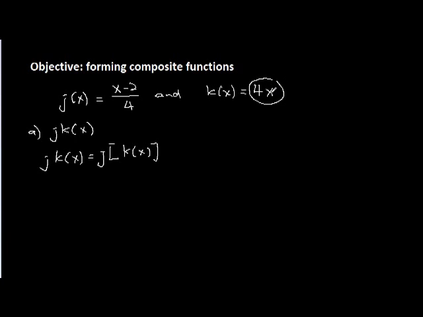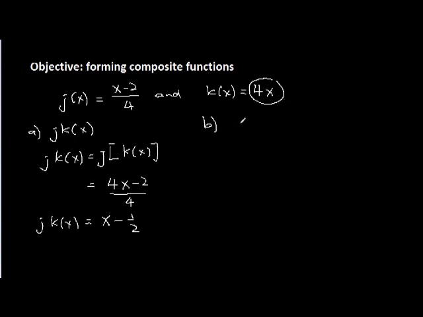So treat this as the input and we feed k(x) into j(x), which means now we need to apply x as 4x. So this is equal to (4x minus 2) over 4, which is 4x over 4 minus 2 over 4, which is x minus 1 over 2. So j(k(x)) is equal to x minus 1 over 2.